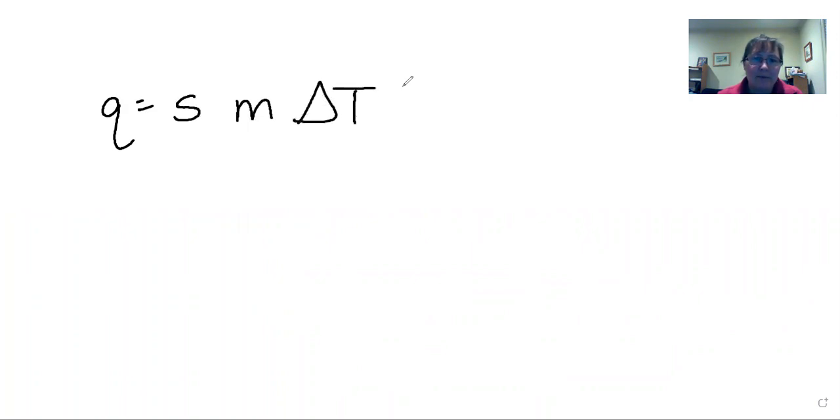First of all, calorimetry. When we're doing calorimetry, you're going to be working with the equation that Q, remember Q means heat, is equal to SM delta T. Now, I've seen online that technically you can use a C for S instead.